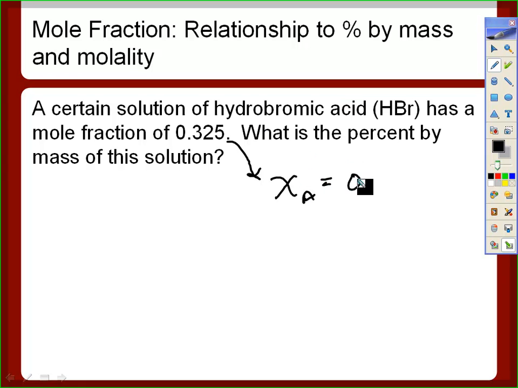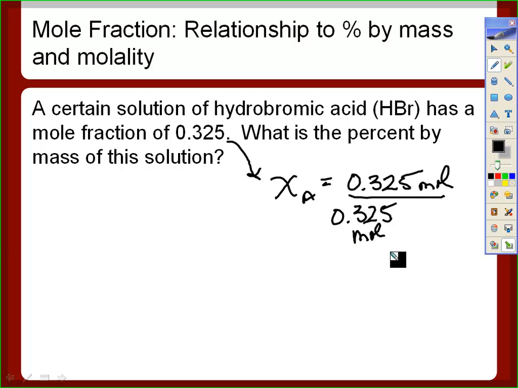So remember, that means really 0.325 moles of solute per 1 mole of solution, which is represented by 0.325 moles of A, and then whatever is left over of B, which would be 1 minus 0.325, which would be 0.675.